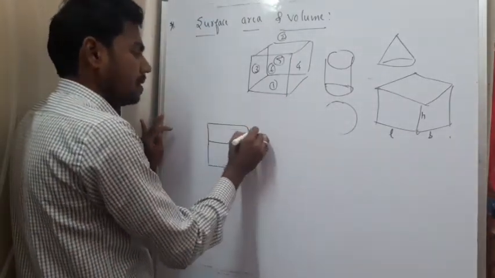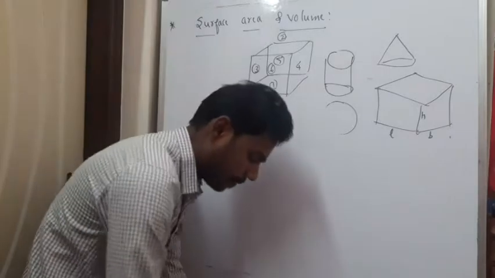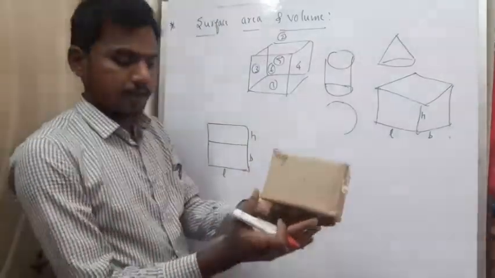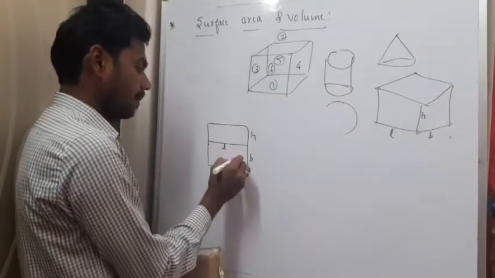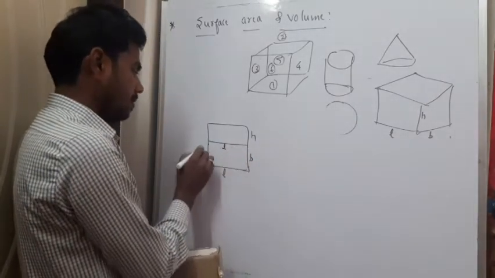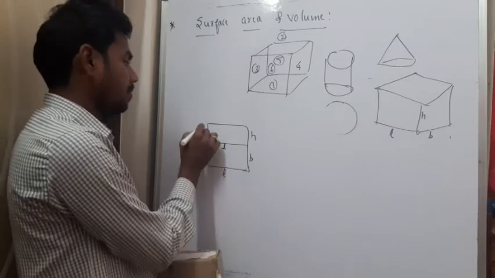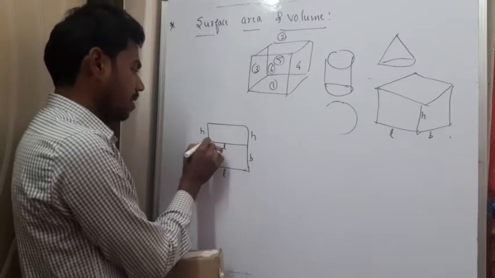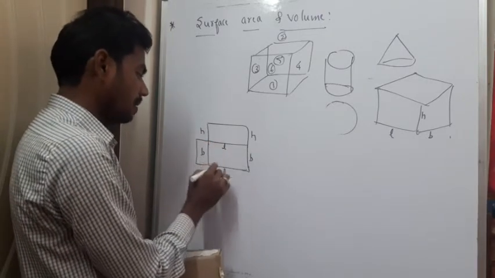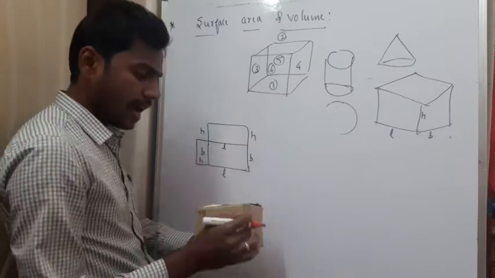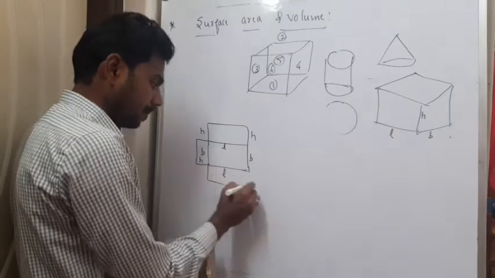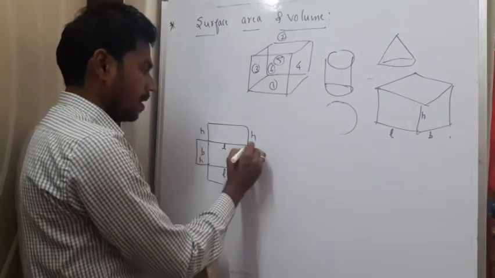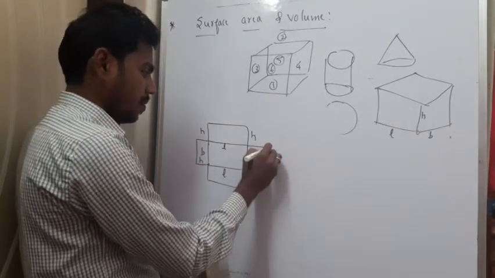So this is the height. See, length, breadth, and this will be the height. This will be the length and this will be the breadth. This will be the height, and one face here. On this there will be one more face, and the height will remain the same across all the faces. I am going to draw that height and one more height.